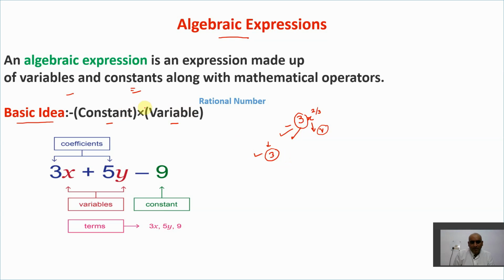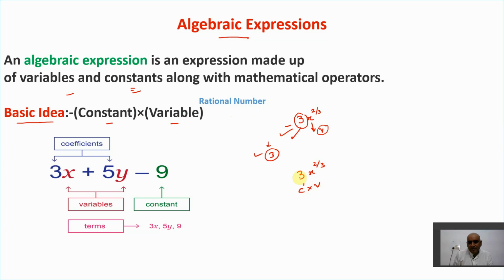So now how do I form any algebraic expression? You need to follow this basic idea: constant multiplied by variable to the power rational number. I've taken the example in front of you. This is 3, this is x to the power 2 by 3. Now this is constant, this is variable.